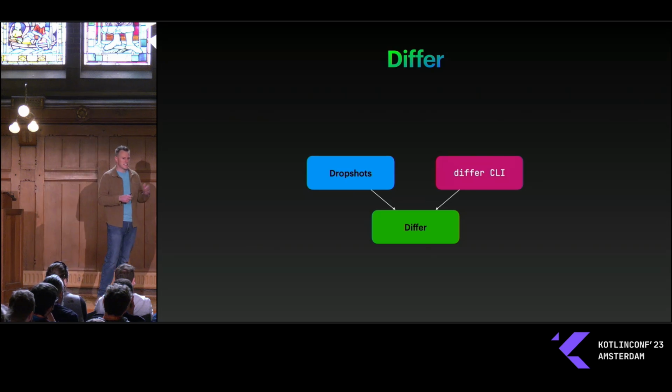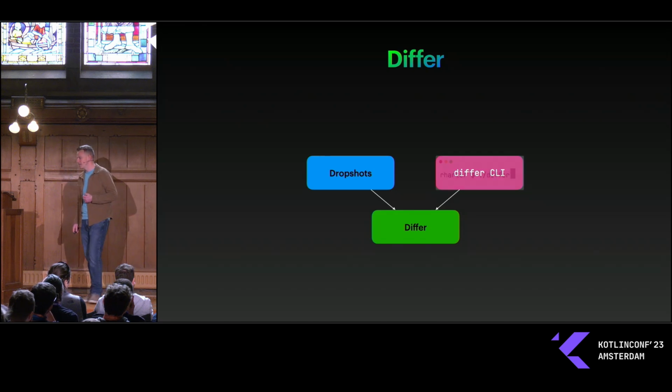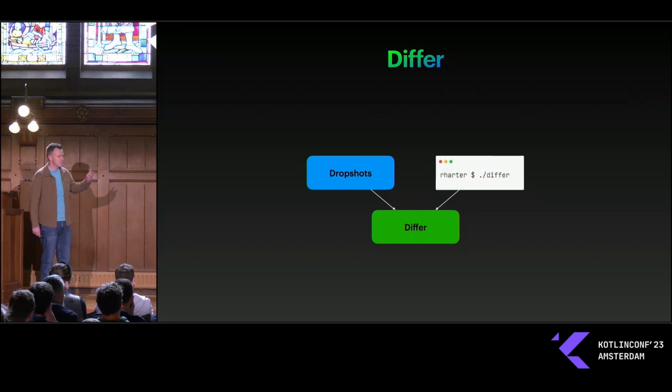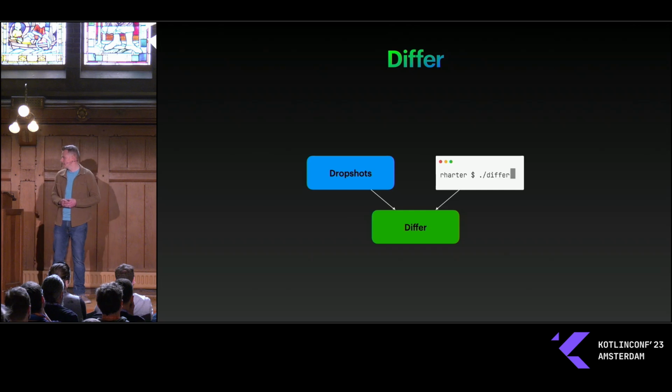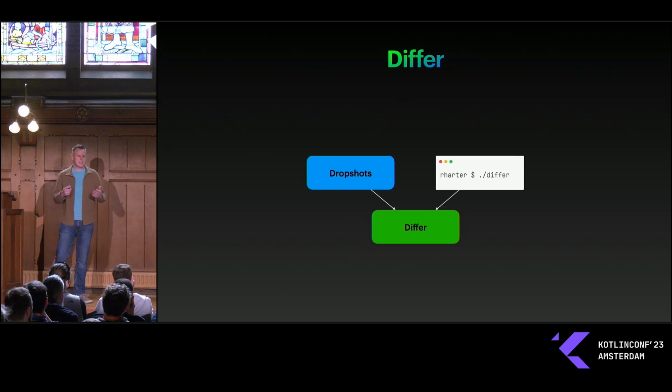So CLI here. What's a CLI? CLI stands for Command Line Interface, which means that Differ CLI is just a terminal program that you can use just like any other that you use on Mac OS, Linux. I hear Windows these days. And so what does that interface look like?